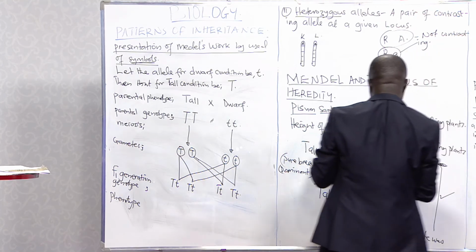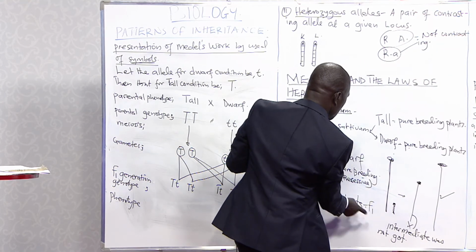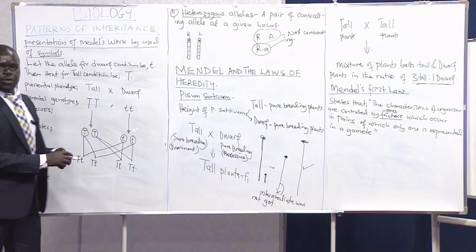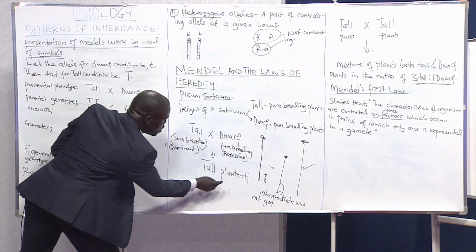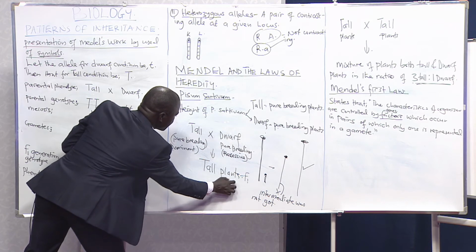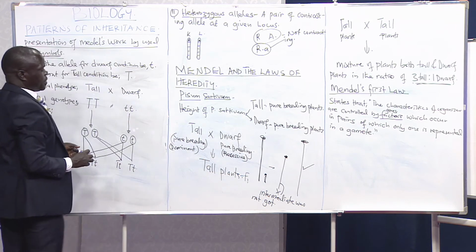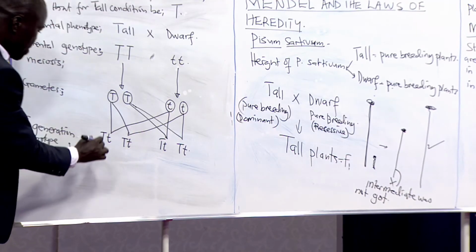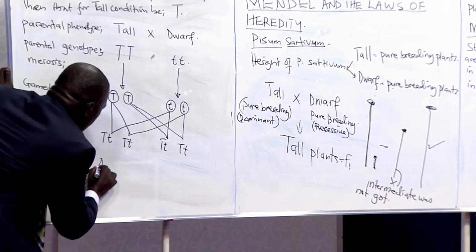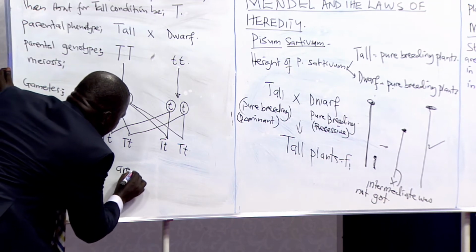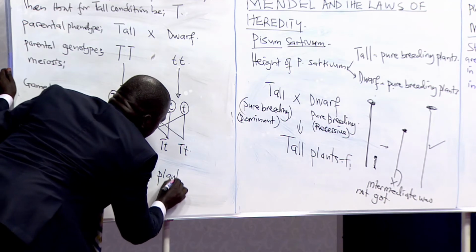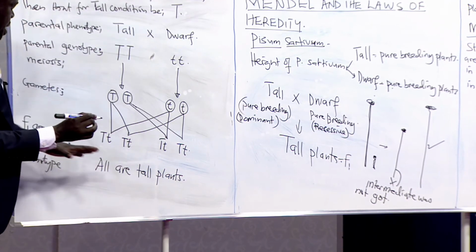We said F1 were all tall. We have written it there. F1, all tall. All of them were tall plants. Very good, all of them are tall plants.